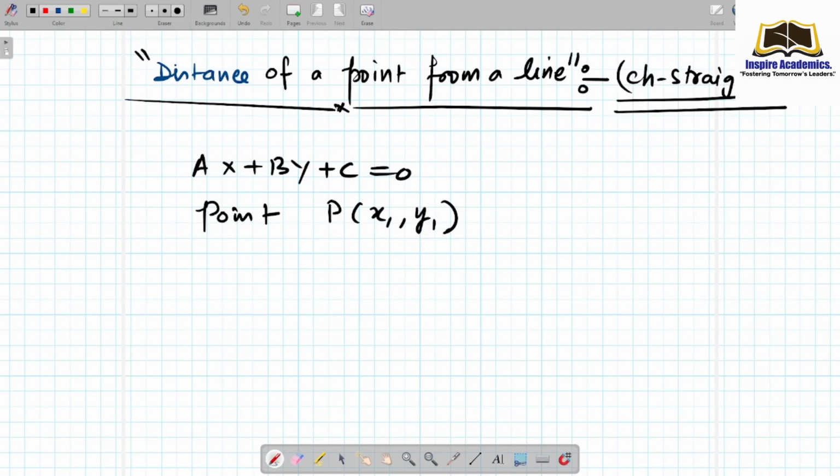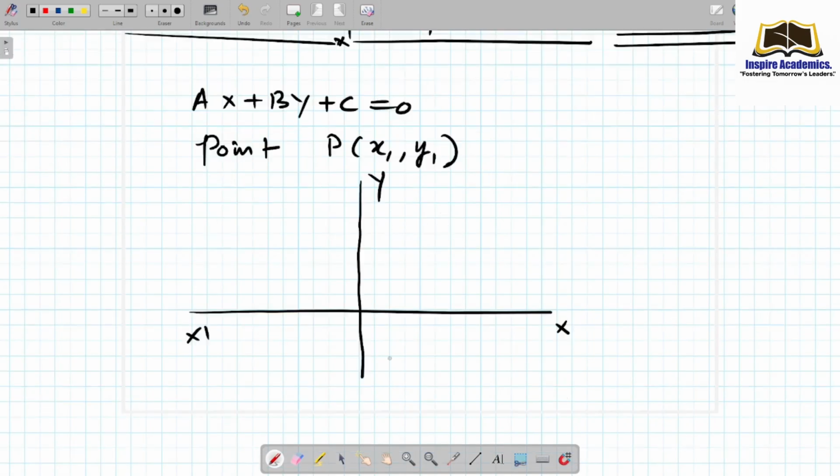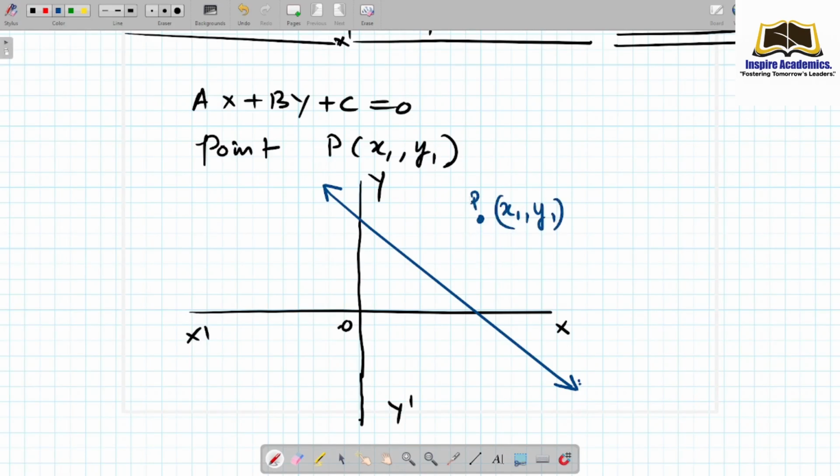And now how do we represent this whole thing? I say this is x', x, y', y, and I am drawing a line like this, and there is this point called x1, y1, which is P, and from P I am drawing a line PM which is perpendicular to the existing line.